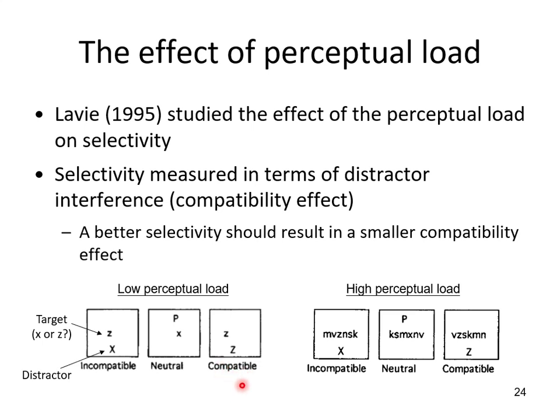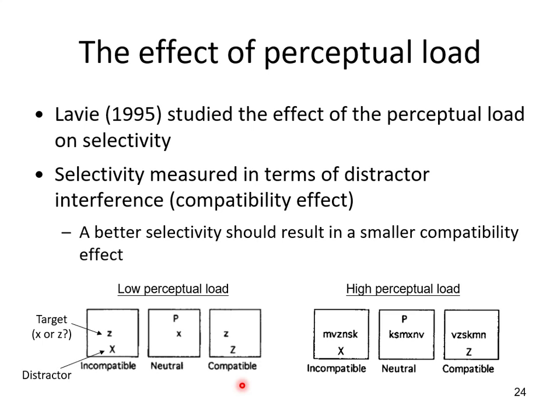So you can imagine, if you have perfect selectivity and you do not process the distractor, will the distractor still produce any effect? No. Then will there be any difference between these three conditions?